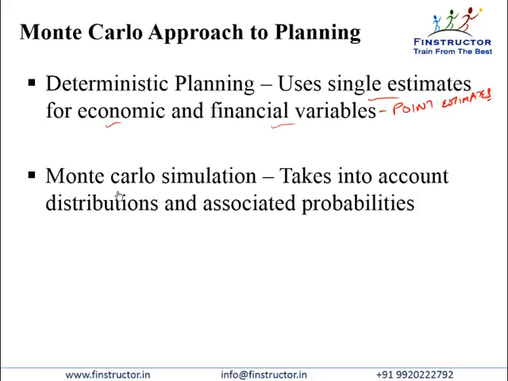We can also take help of the Monte Carlo simulation approach, wherein various distributions go in as input and the associated probabilities are then calculated so that the return is not a single estimate, it is presented as a distribution, and the risk of extreme events can directly be seen and can be calculated as a probability. So rather than giving a point estimate for the return, we can present a distribution of returns so that the client can better see the expected value as well as the possible extremities.